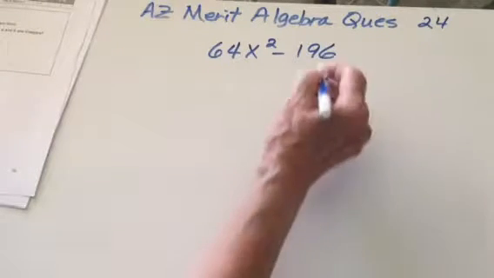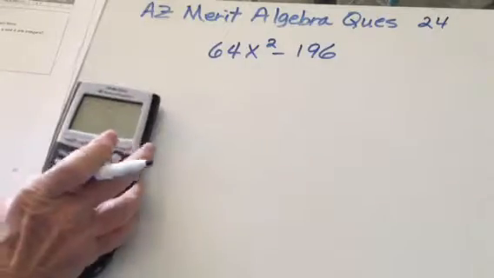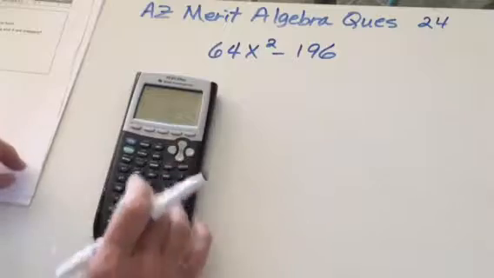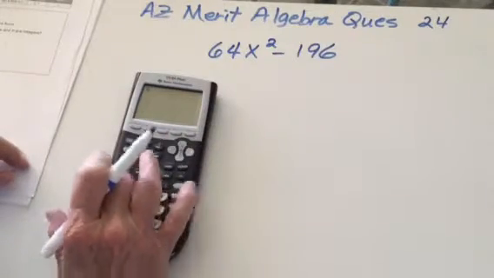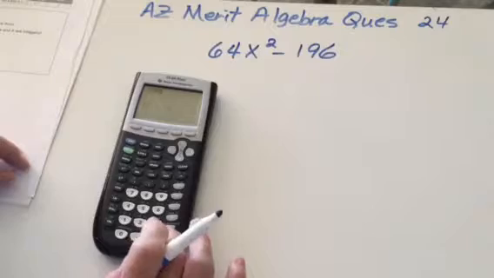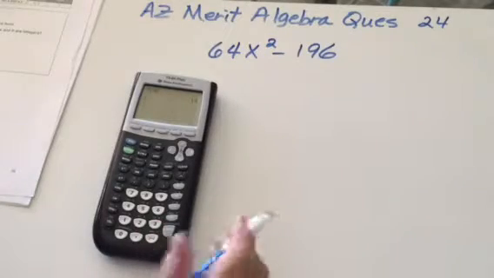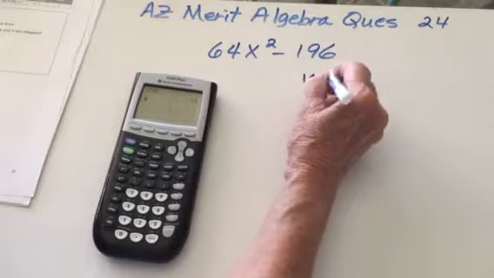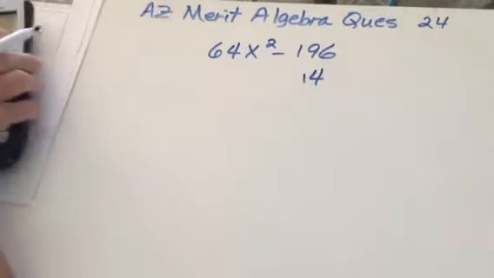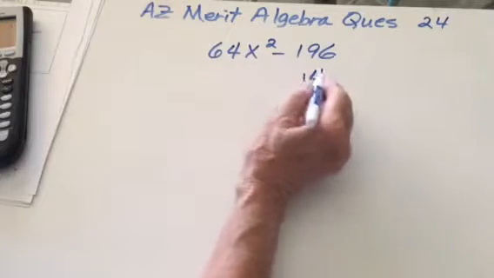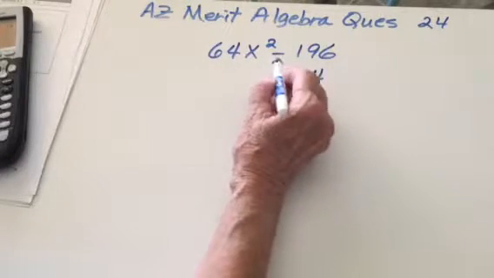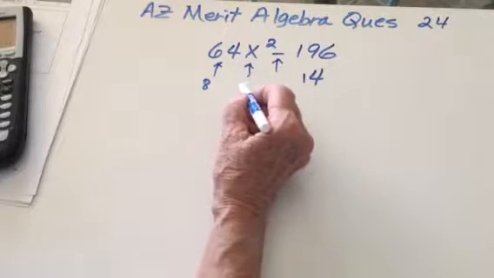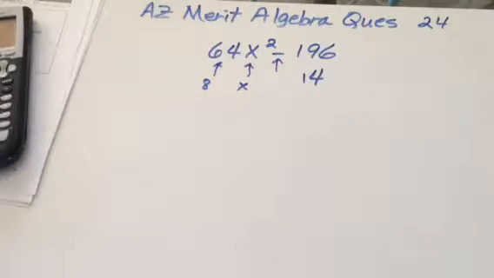Now, I might not know that 196 is a square number, but if I tried it on the calculator, I would say second square root of 196 equals, and if it equals a whole number, which by the way it does, then I'm going to immediately assume that this is a difference of squares. There's the difference, and these are all square numbers. This is going to be 8, this is going to be x, and this is going to be 14.